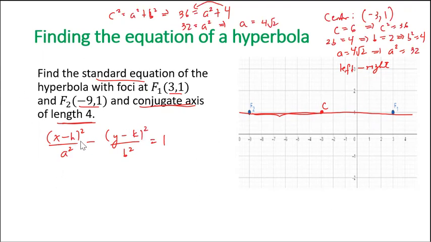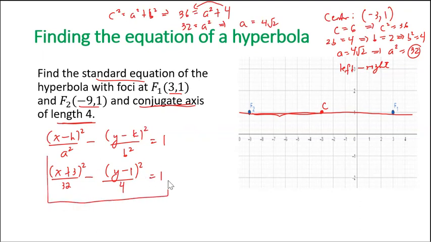Thus, if we substitute the values of h, k, a and b, we get (x plus 3) squared over 32 minus (y minus 1) squared over 4 equals 1. So this is the standard equation of the hyperbola that we're looking for in this problem.